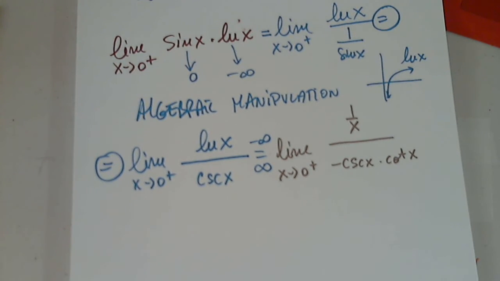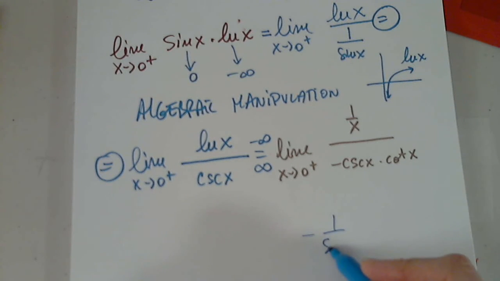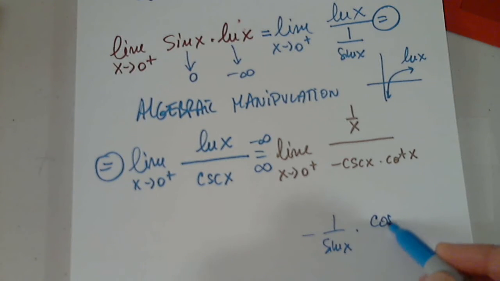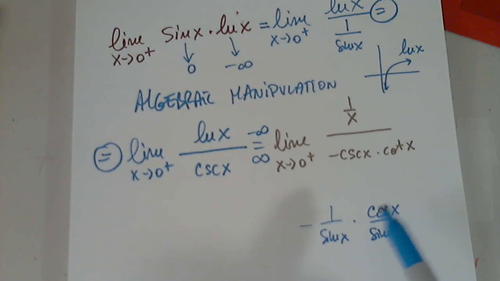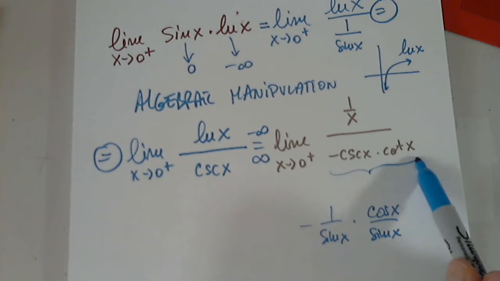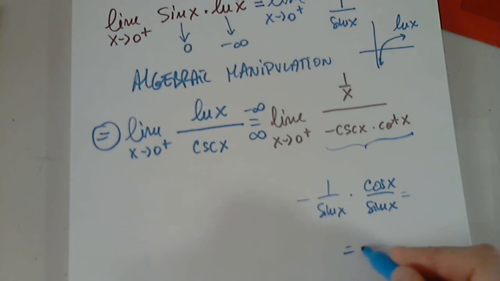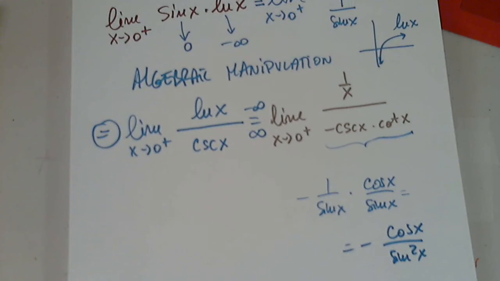So on the side, I would perform a calculation. Cosecant is 1 over sine x. Cotangent is cosine over sine. So I want to change this into this, which is negative cosine over sine squared.